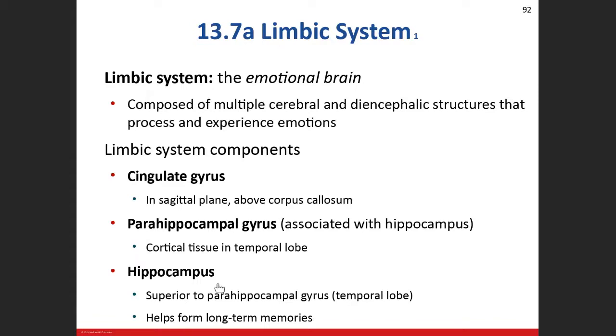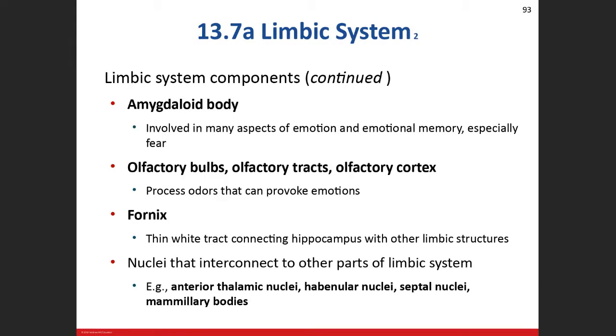We have the hippocampus, which is superior to the parahippocampal gyrus, and it helps form long-term memories. We have the amygdaloid bodies, involved in many aspects of emotion and emotional memory, specifically fear. The olfactory bulb, tract, and cortex can process odor that can provoke emotion.